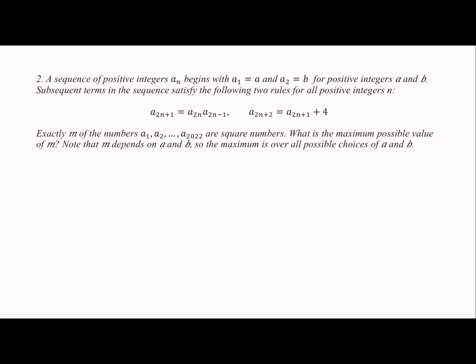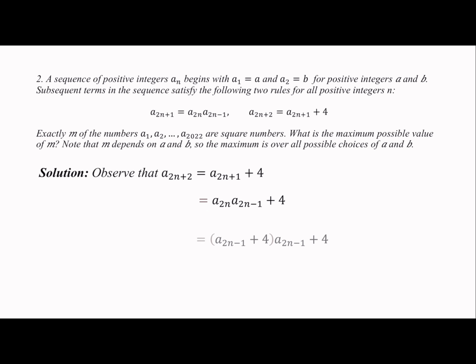It is quite an interesting sequence problem, mixed with number theory and a bit of algebra. So let's get started. Observe that a_{2n+2} is equal to a_{2n+1} plus 4. Here I want to substitute a_{2n+1}, and we would have a_{2n} times a_{2n-1} plus 4. We can substitute again a_{2n} equals a_{2n-1} plus 4, giving a_{2n-1} plus 4 times a_{2n-1} plus 4.